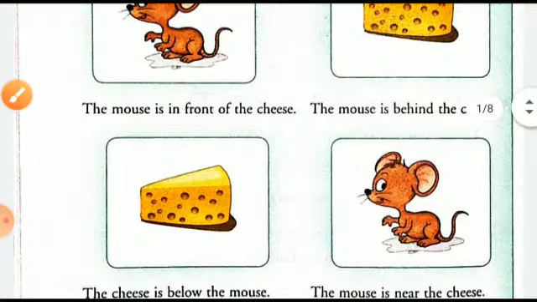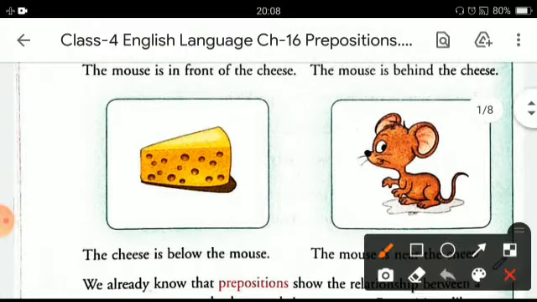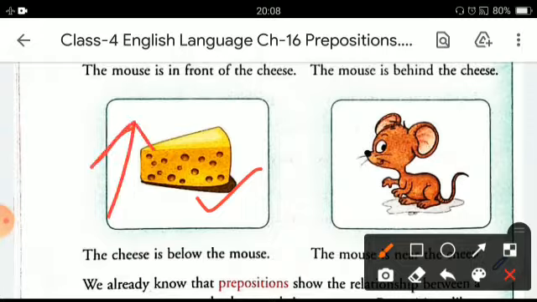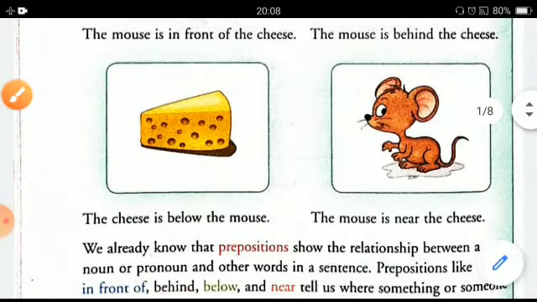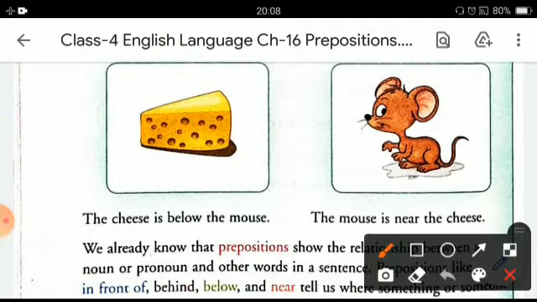And in the next picture, you can see the cheese is below the mouse. So, here cheese is already given, but the mouse is missing. So, you have to locate the mouse above the cheese. So then here you will be drawing the mouse, and in the next sentence the mouse is near the cheese.